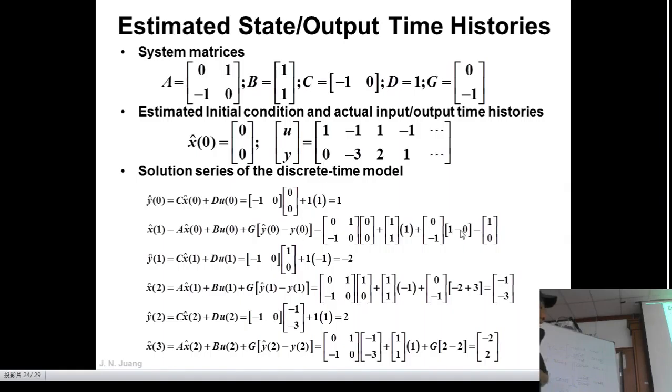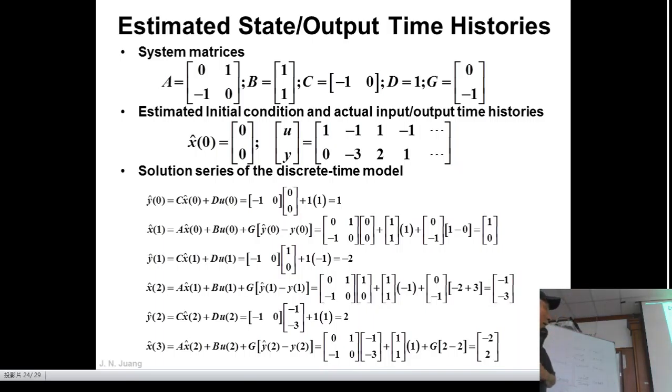So 1 minus 0. So my state, my X hat 1, is equal to 1, 0. That's my estimate. Now you check your notes to see what the true X1 is. 1, 1, right? So that's different. It's not the same as your estimate.